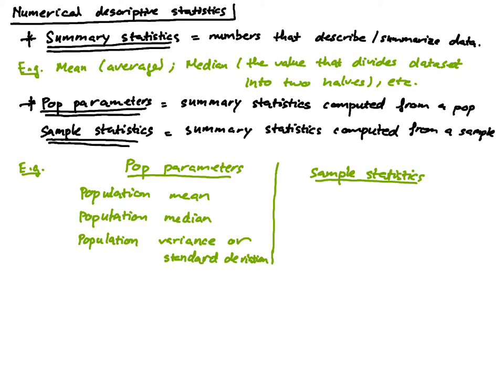Their sample counterparts are called sample statistics, right? So we have things like sample mean, sample median, and sample variance or standard deviation.